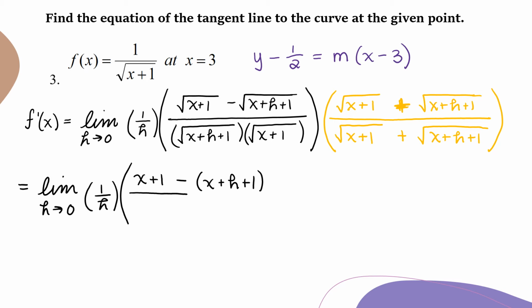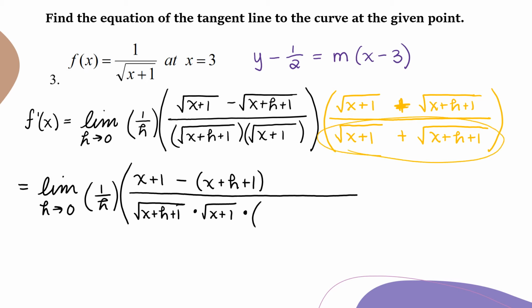And this will be all over, and it's very not centered now, the square root of x plus h plus 1 times the square root of x plus 1 times this whole denominator here. So the square root of x plus 1 plus the square root of x plus h plus 1.